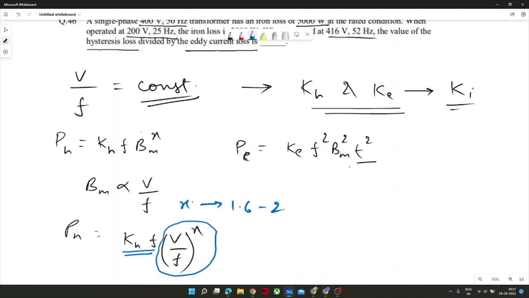Similarly, if you put V by f in Pe, you can get Ke f square, right? I think some mistake is there.